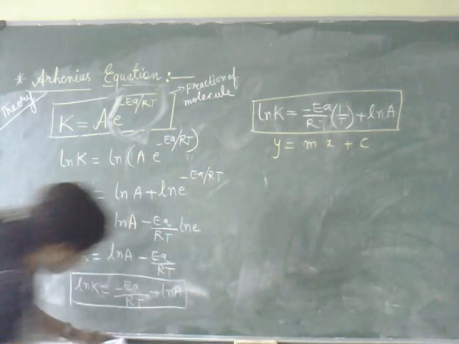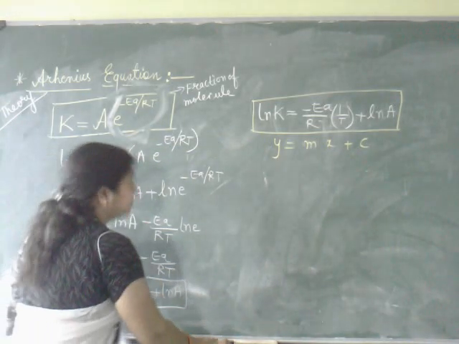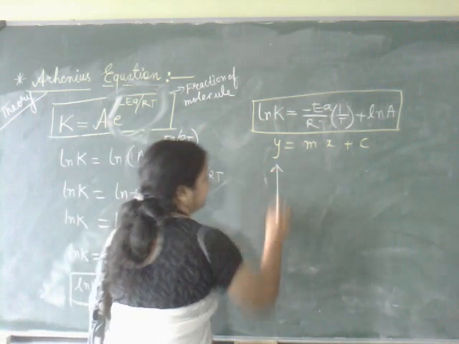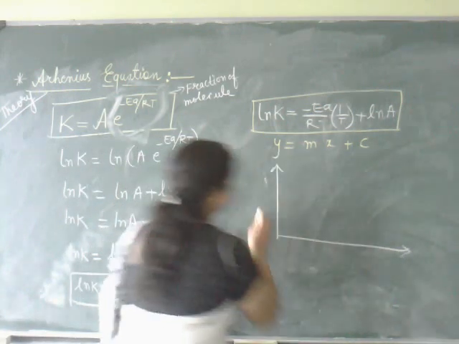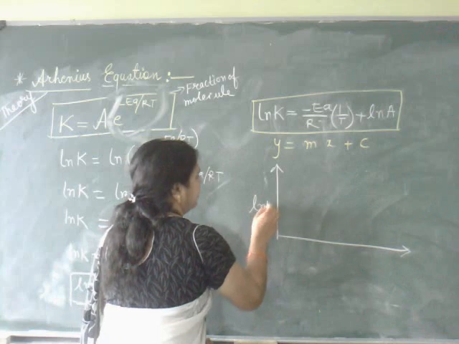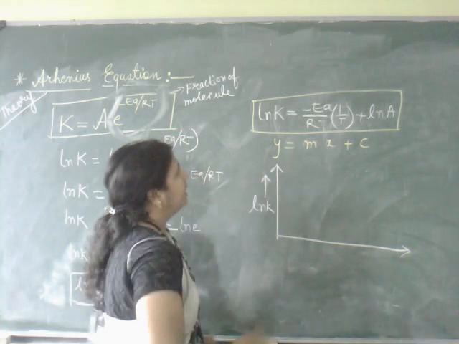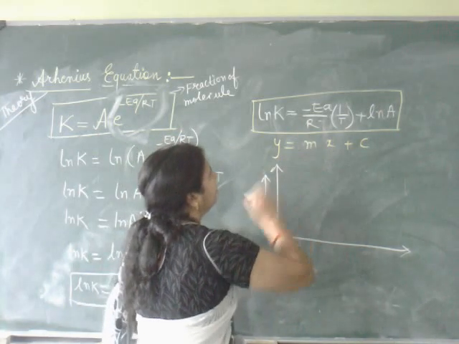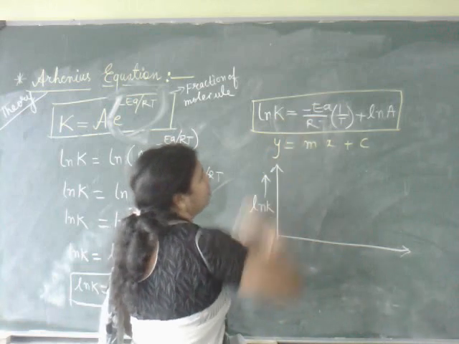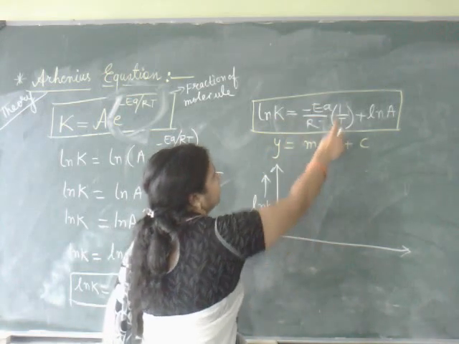Now we can plot the graph by using this equation. How will the graph come? ln k is on the y axis, and the slope is negative, and on the x axis we have 1 by T.